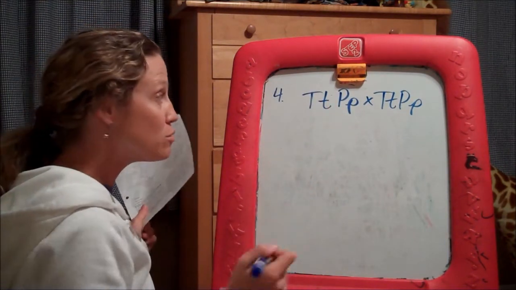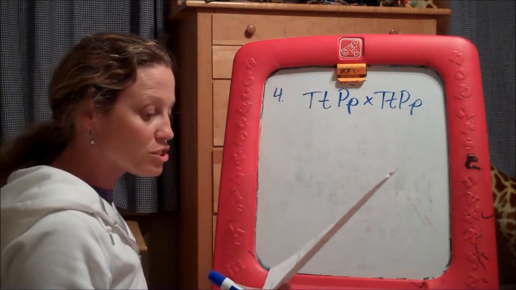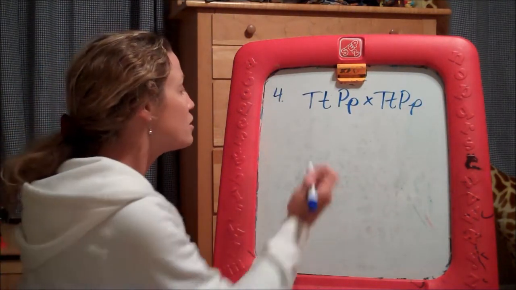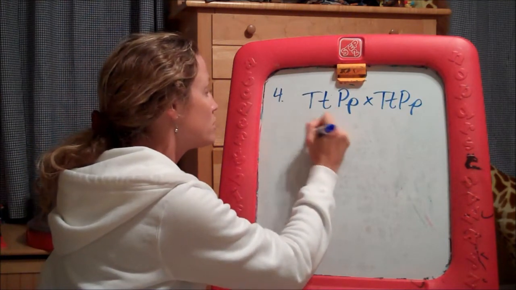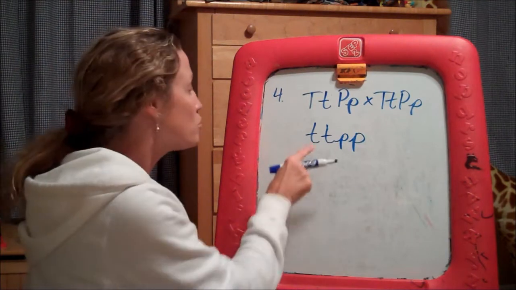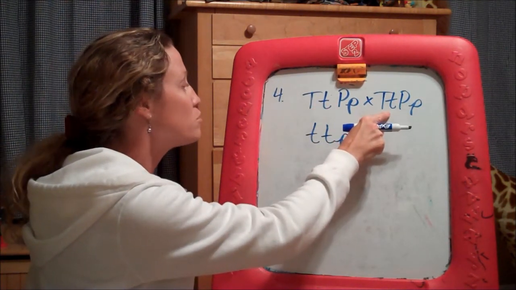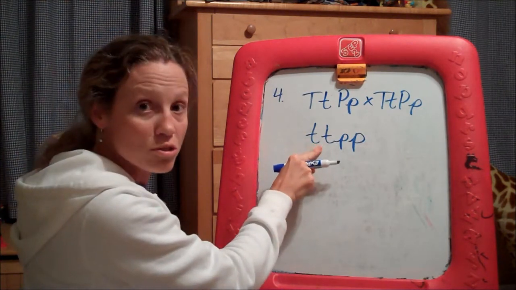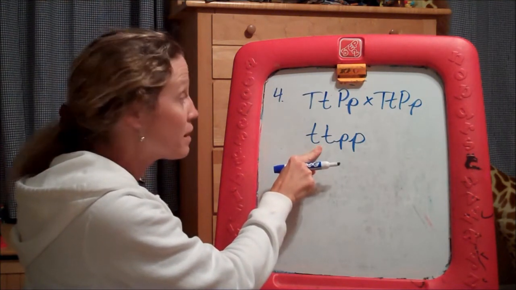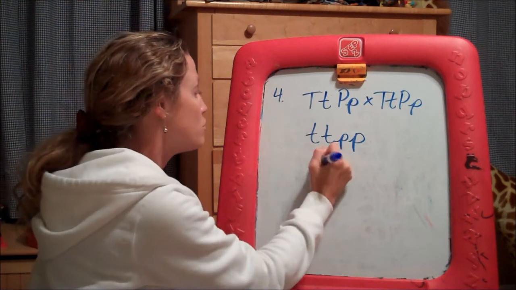Okay, so instead of doing that big giant Punnett square, if we just want to know the chance of homozygous recessive, then we're looking for little t, little t, little p, little p. So what's the chance of getting, if you cross big T, little t with big T, little t, little, little? You should be able to do that Punnett square in your head and know that that's going to give you 1/4.